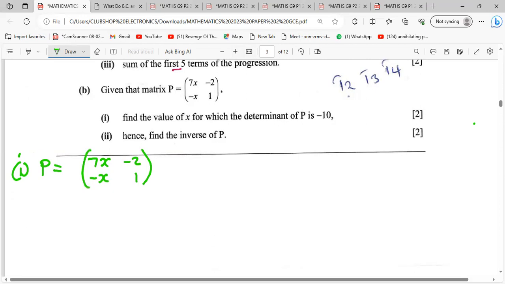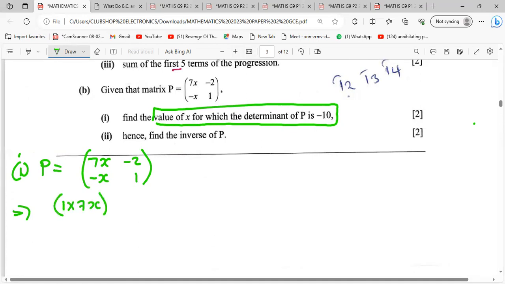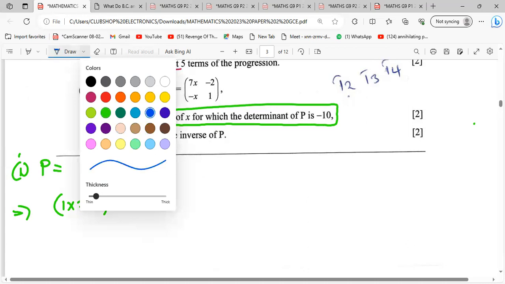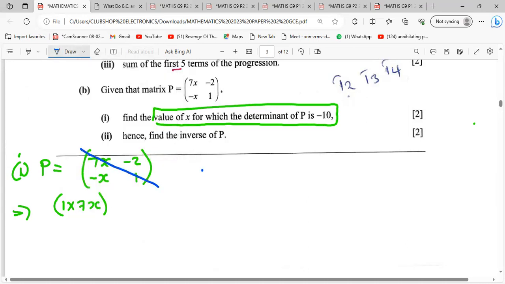Now, they want us to find the value of x for which the determinant is negative 10. So you write the expression for the determinant, which is 1 by 7x, you multiply the elements in the major diagonal minus the minor diagonal, so minus negative x by negative 2. But once we do that, the answer is negative 10.